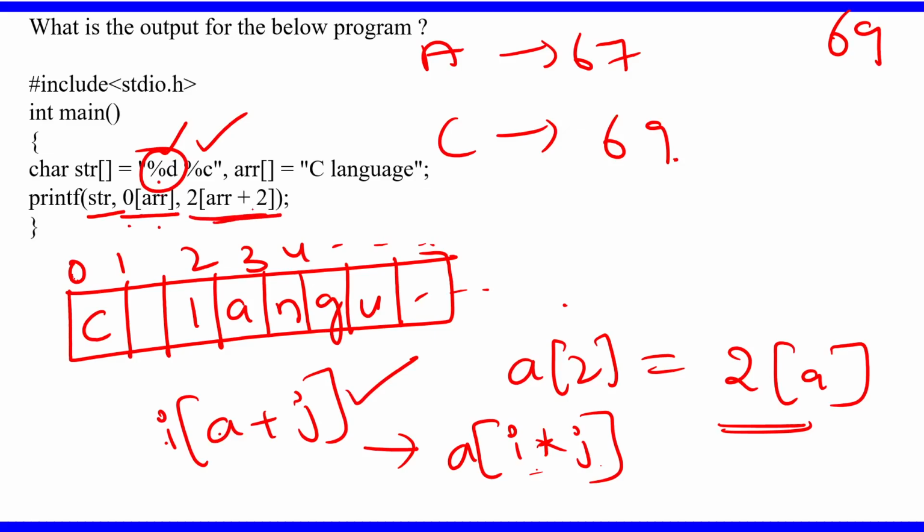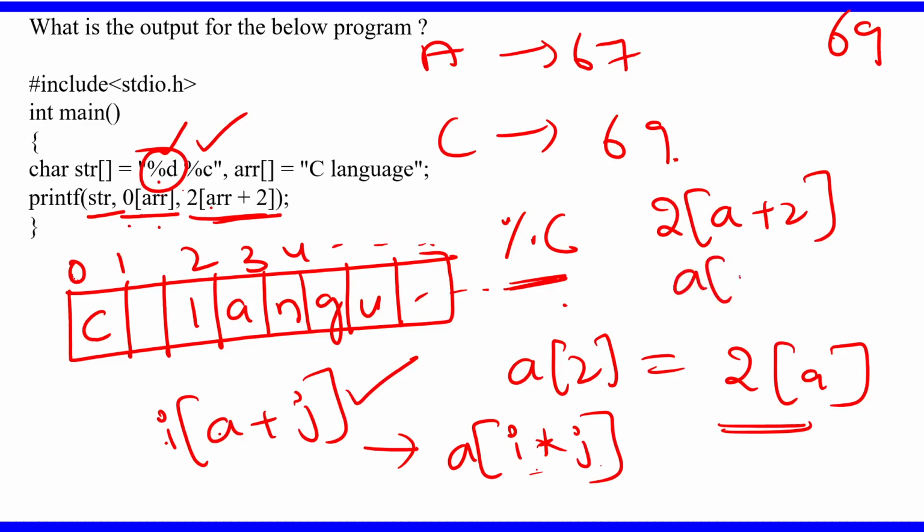Next I am asking here percentile c. So I am printing a character. The meaning of the expression 2a plus 2 means this is a of 4, 2 into 2. So which one is a of 4? See, a of 4 is N: 0, 1, 2, 3, 4. So 67 and N is the answer for this problem.